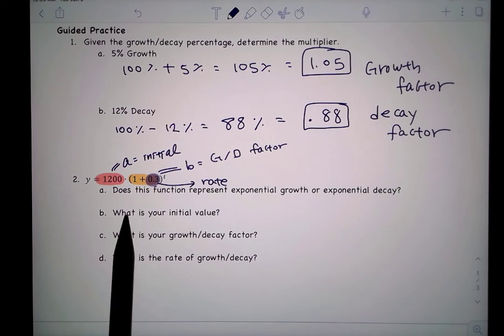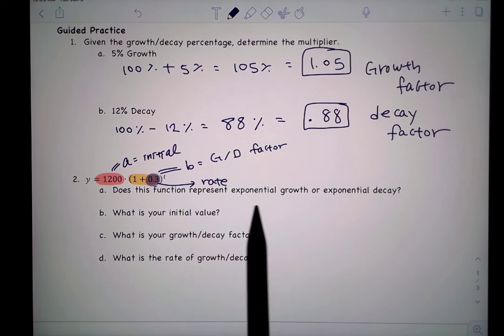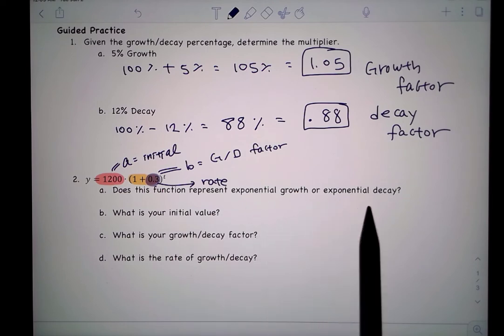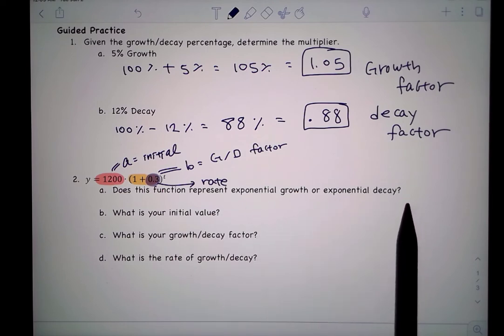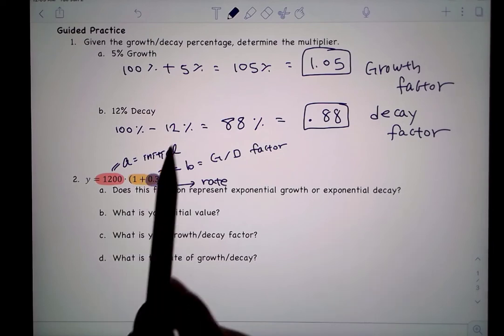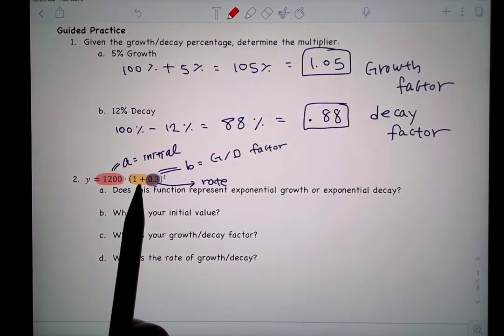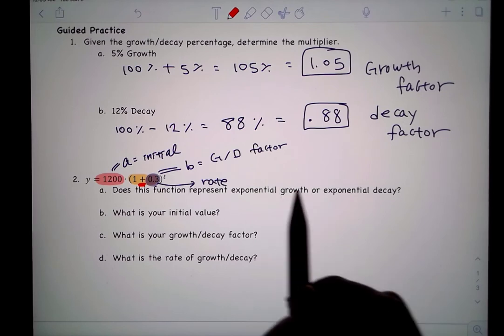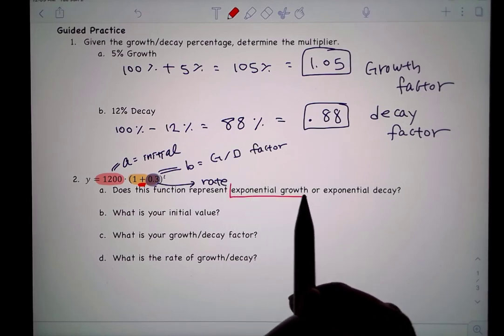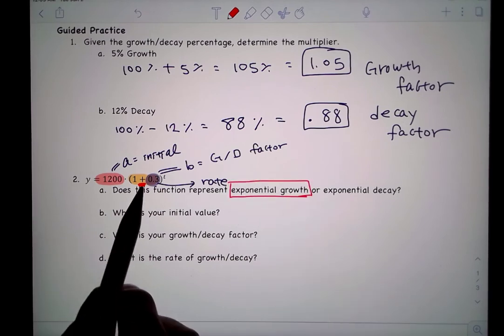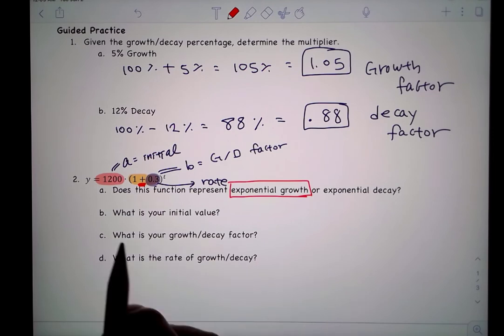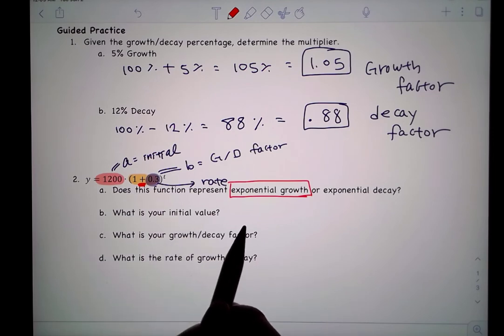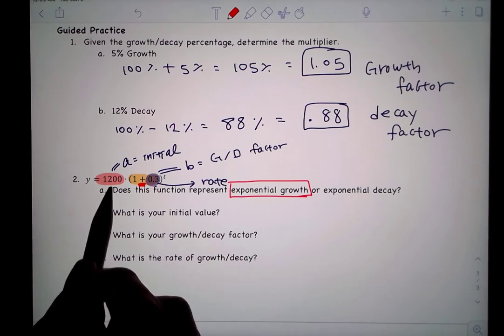And first, does this function represent exponential growth or exponential decay? Look at this. What do you have here? You have a plus right here. Then what is it, guys? Growth or decay? Growth, correct. So that is exponential growth because you see this plus, right? And what is your initial value? Your initial value is the first number outside of the parentheses, right?